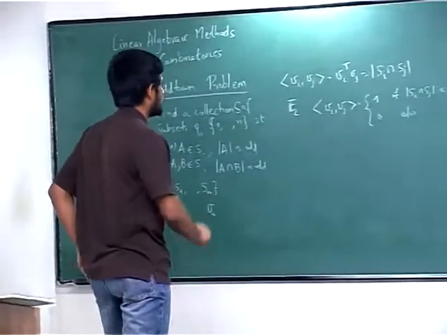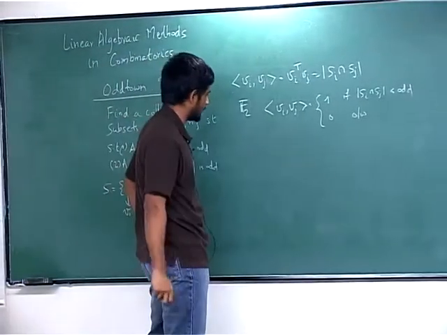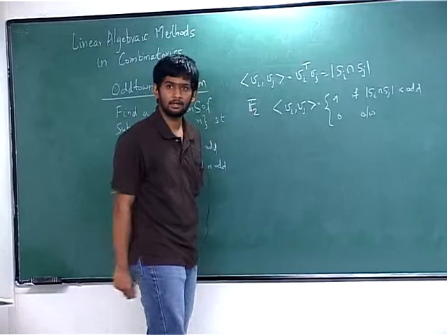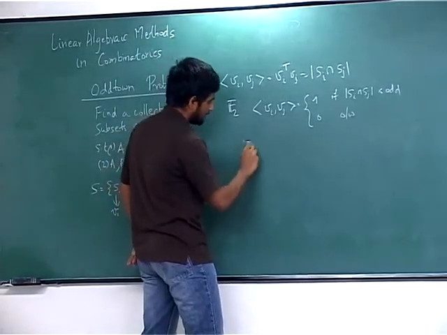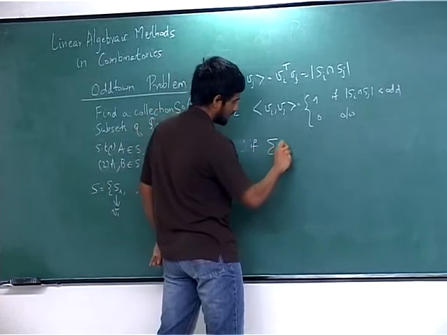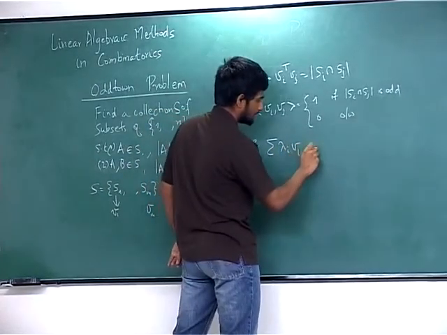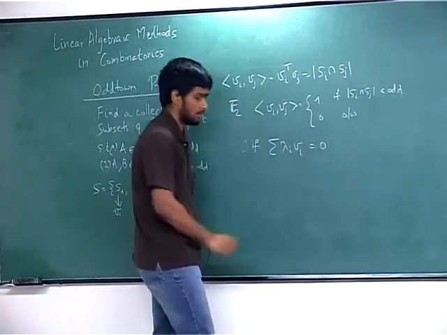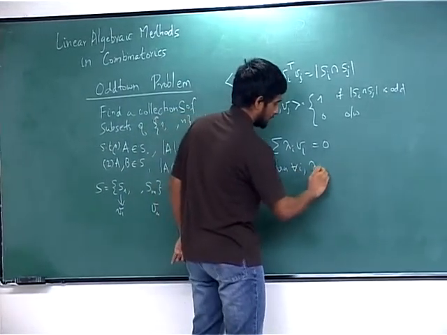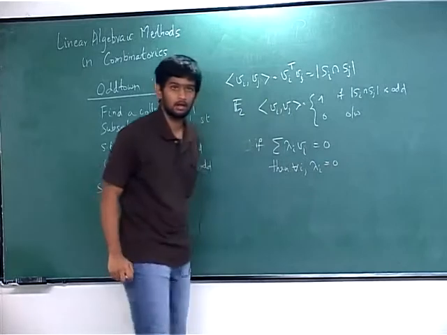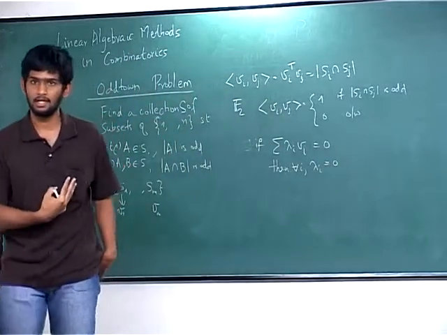So what do I want to prove? I want to show that these are linearly independent. So what does that mean? If summation lambda i Vi is equal to 0, then for all i, lambda i is equal to 0. This is what you mean by linear independence, isn't it?